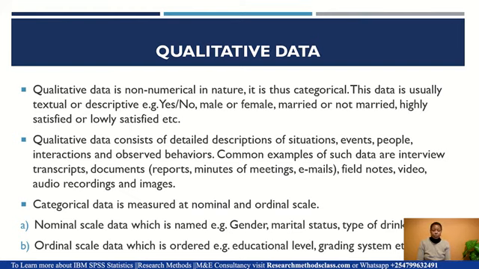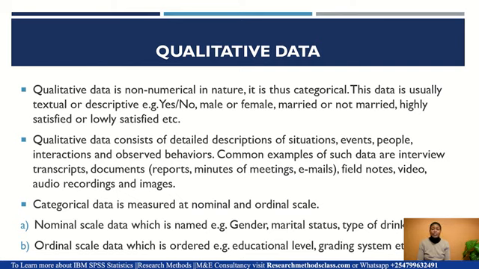When you ask them to state their gender, their marital status, their level of satisfaction, all those will be qualitative in nature. Why? Because qualitative data consists of detailed description of situations, events, people, interactions, and observed behaviors.